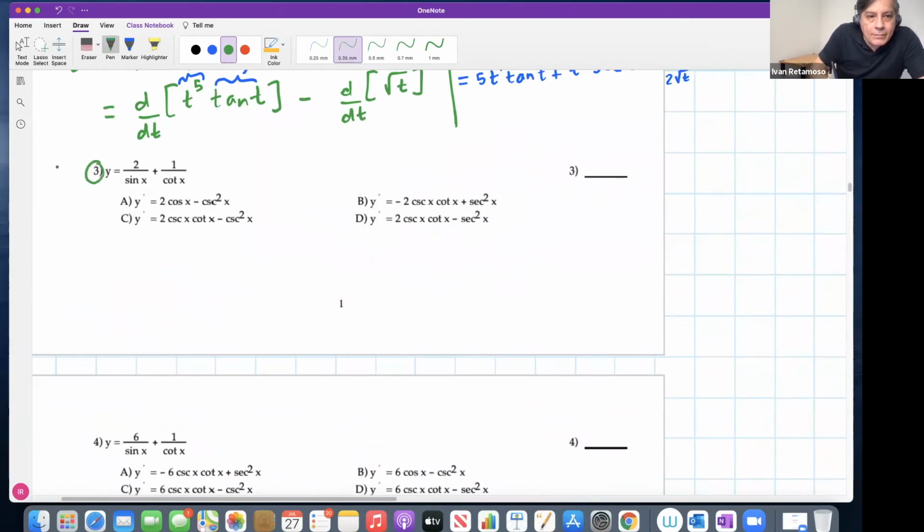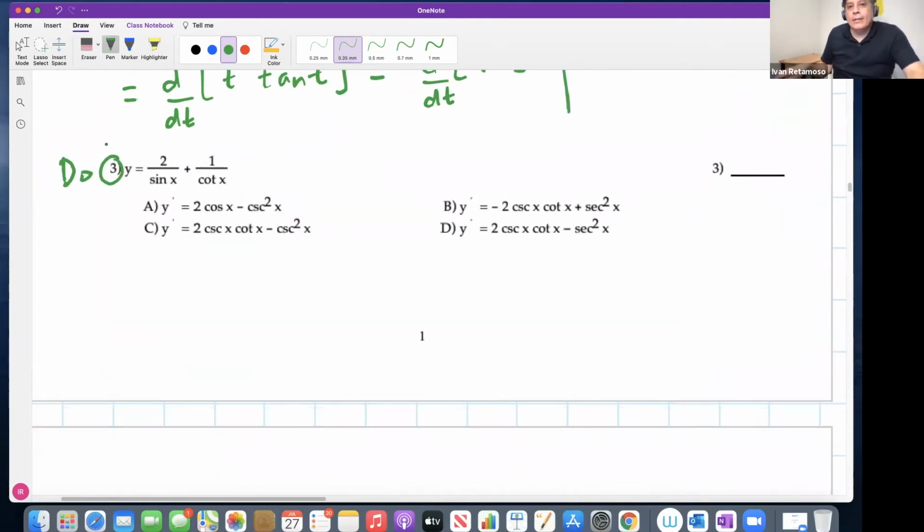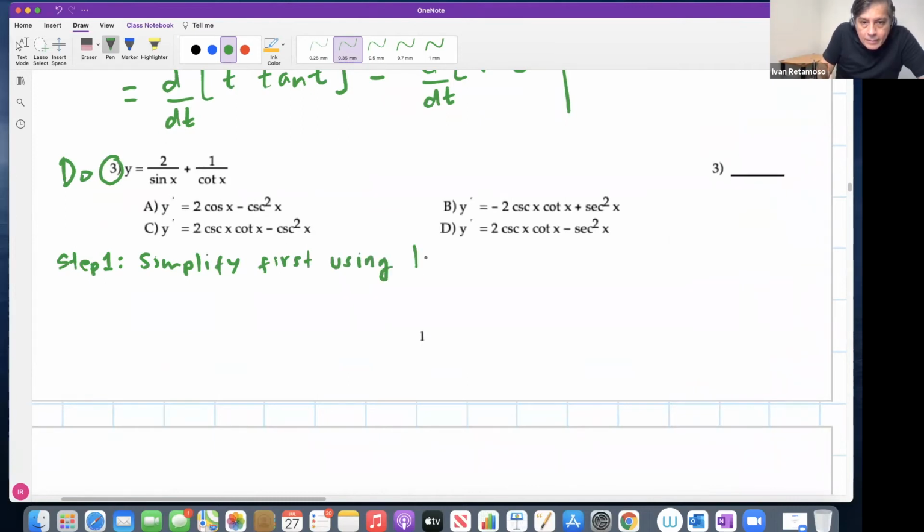So let's demystify this, guys. If you encounter this form in your homework, you know what to do, right? It can be done also using, I think, the quotient rule, but it's more difficult. Try to keep it simple. Simplify first. Step 1, simplify first using trigonometric identities.